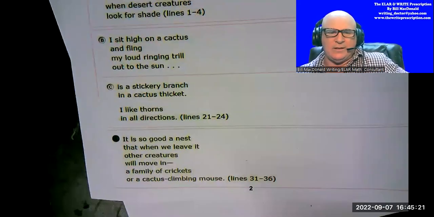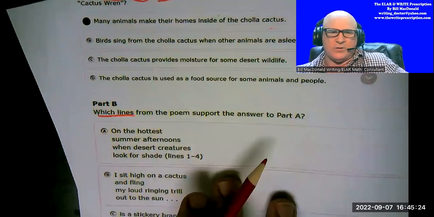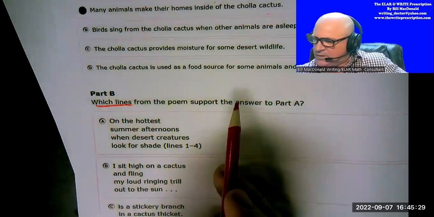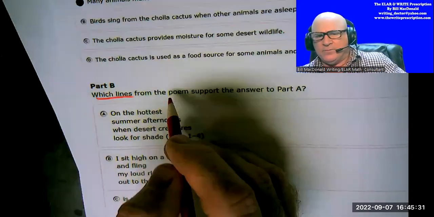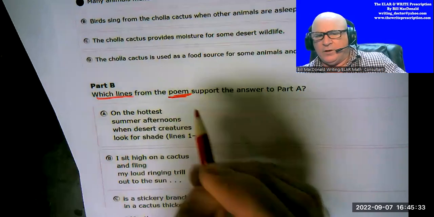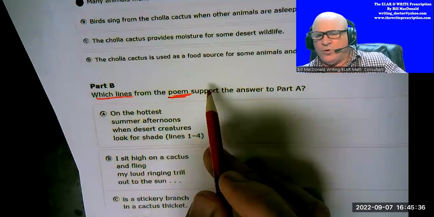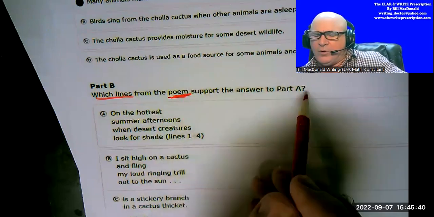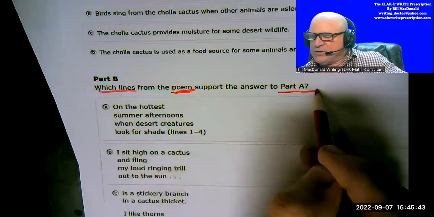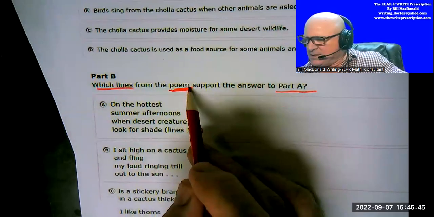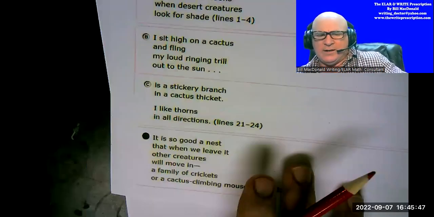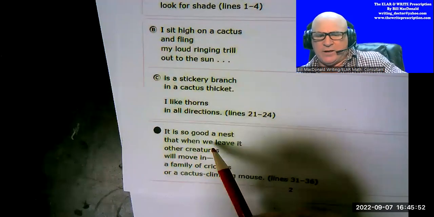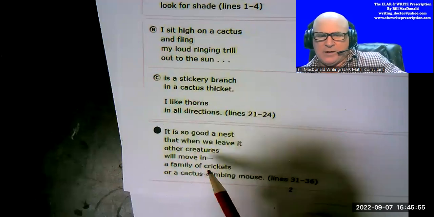Which lines from the poem support the answer to part A? And so, did it ask for the poem and the informative? No. It only asks you to give evidence from the poem. And so all you have to do is look at one selection. It is so good, a nest that when we leave it, other creatures will move in, a family of crickets or a cactus climbing mouse.